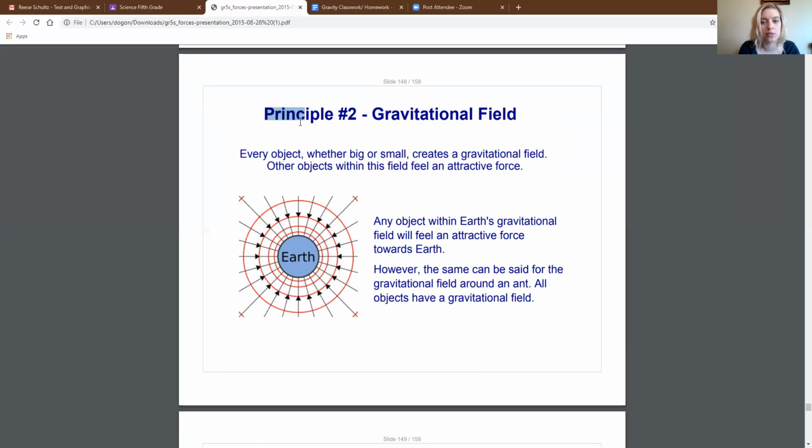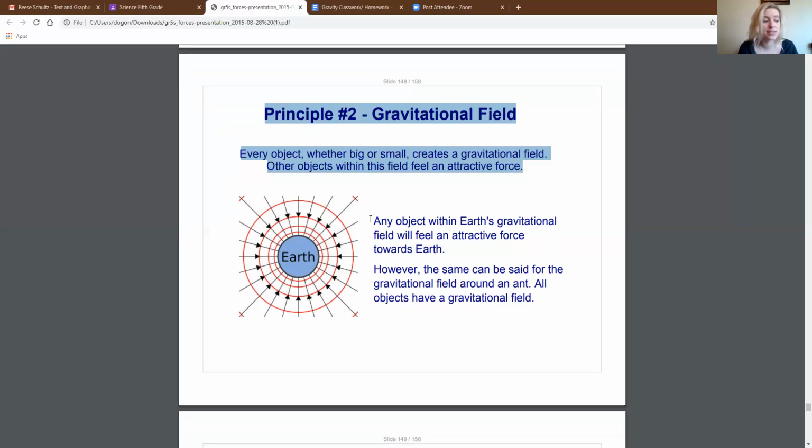So let's look at principle number 2 and go ahead and write down that first fact there. Okay, so any object has a gravitational force, okay?